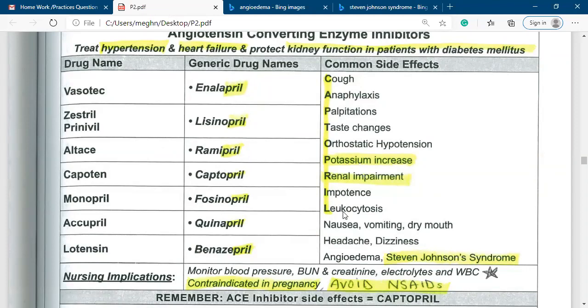ACE inhibitors also cause leukocytosis. What is leukocytosis? An increase in the total count of WBC. This is the reason checking the WBC is important. Sometimes they cause GI upset, nausea, vomiting, diarrhea, or headache and dizziness.